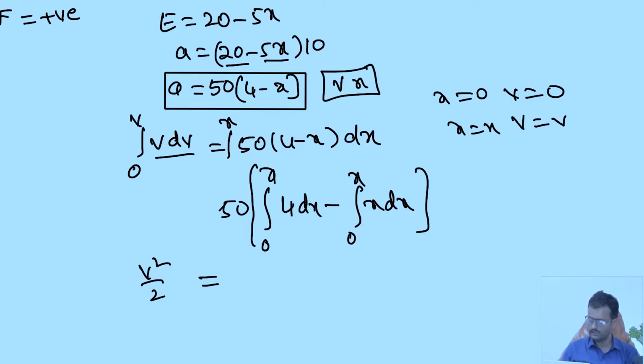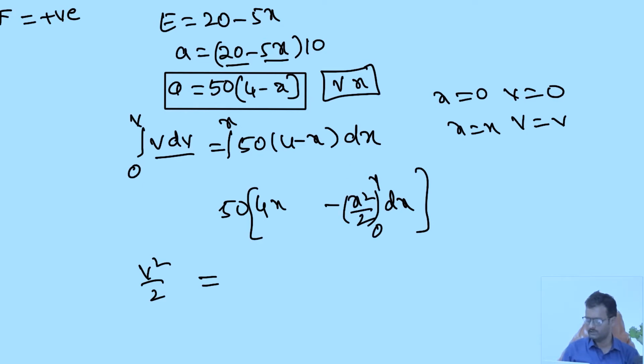Integration of 4 dx, that is 4x, from 0 to x. So substitute the x value in this. Integration of x is x square by 2. So upper limit is x, lower limit is 0.